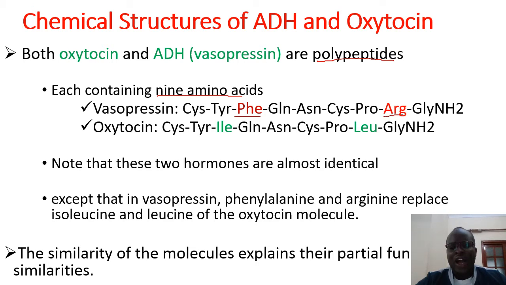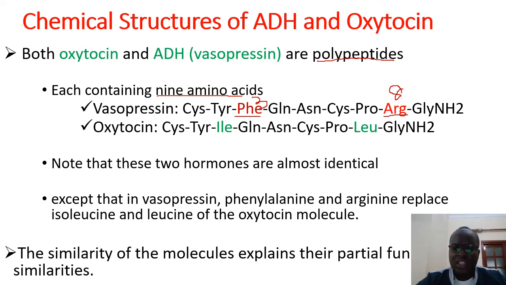The phenylalanine is amino acid number 3 in the sequence, and the arginine is amino acid number 8 in the sequence. In this sequence of amino acids, the structure of vasopressin and oxytocin is similar. The only difference is the phenylalanine and arginine on amino acids number 3 and 8 of the sequence.